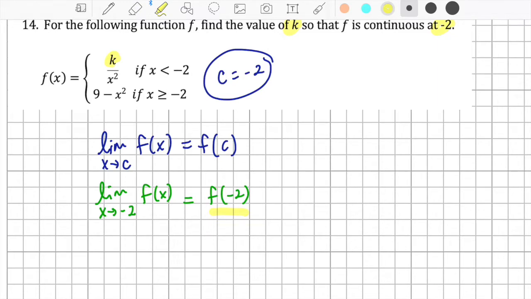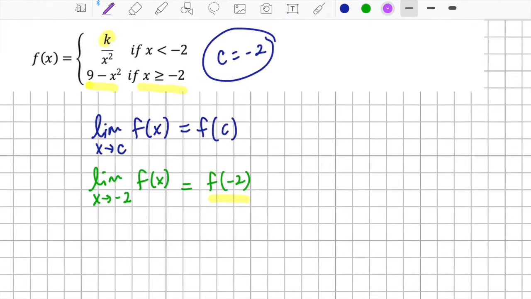So I look for the equation or expression that has the equal sign. So it has to be this one. We're going to use 9 minus x squared if x is greater than or equal to negative 2.